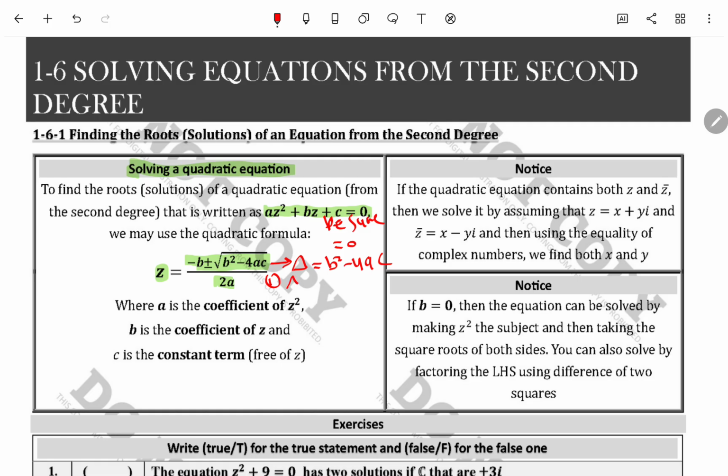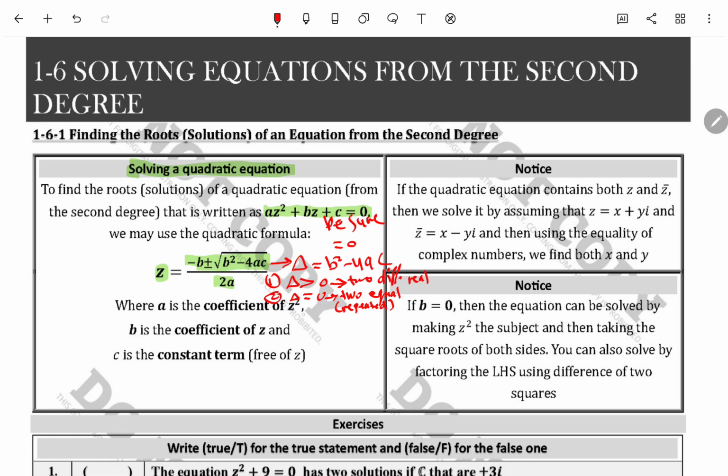The first case is if delta is bigger than 0, that means the equation has two different real solutions. And if delta is equal to 0, that means the equation has two equal or repeated real solutions.